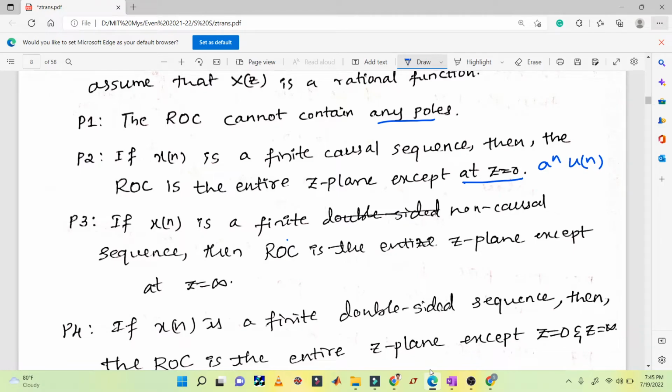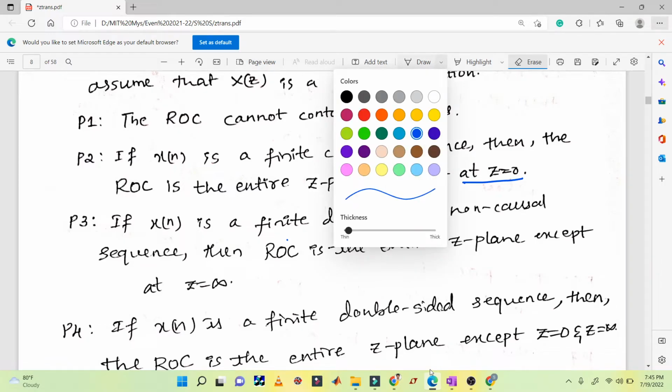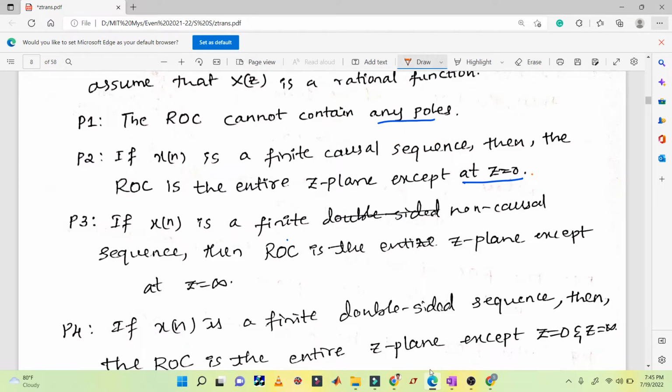If you consider this sequence only, you have seen that for a right sided sequence, it is valid, but z is equal to a. Okay, so for a right sided sequence you will have the ROC as the entire z plane except z is equal to 0.